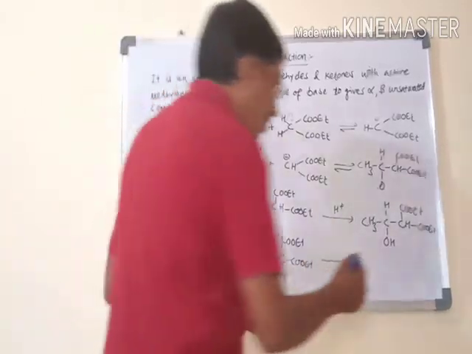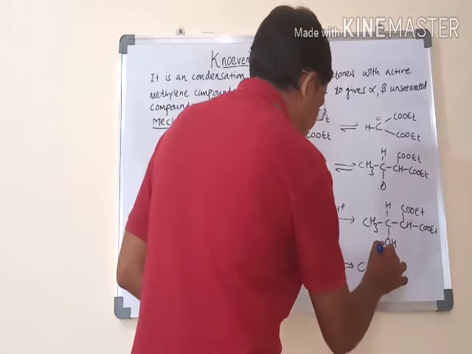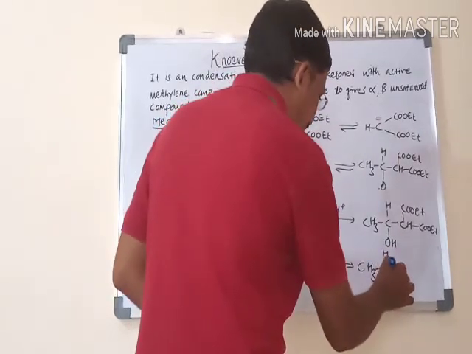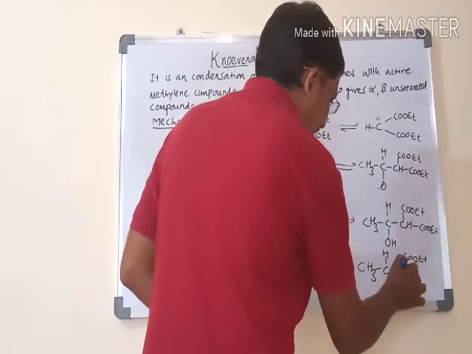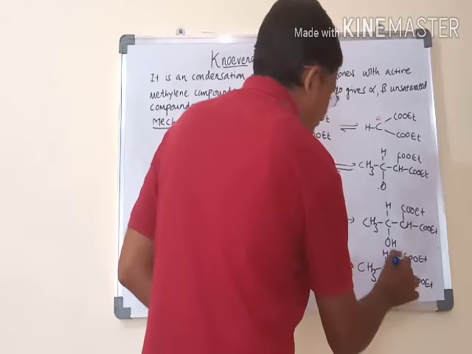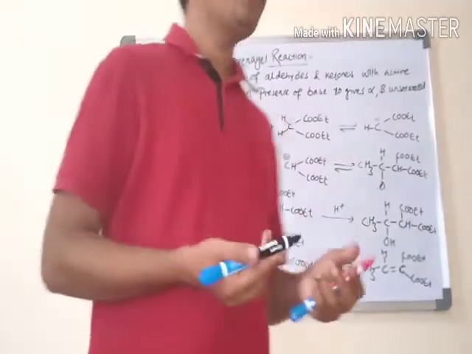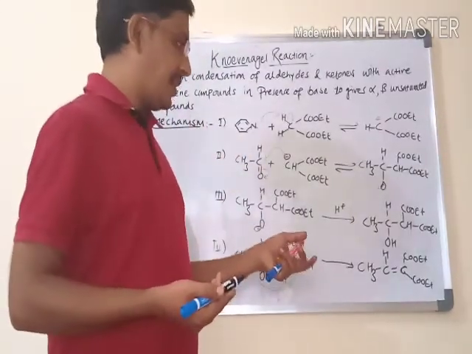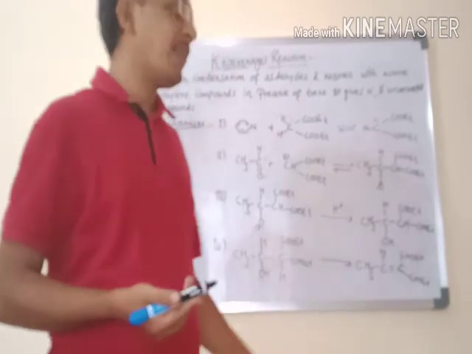With loss of water molecule, you get the alpha beta unsaturated compound CH3CH=C(COOEt)2. It is the basic mechanism of formation of the carbon-carbon double bond, that is unsaturation. This is the general pathway for all alpha beta unsaturated compounds.